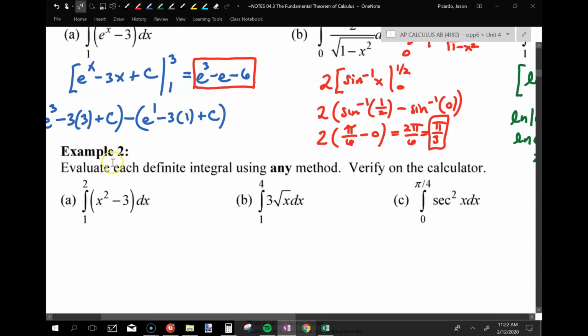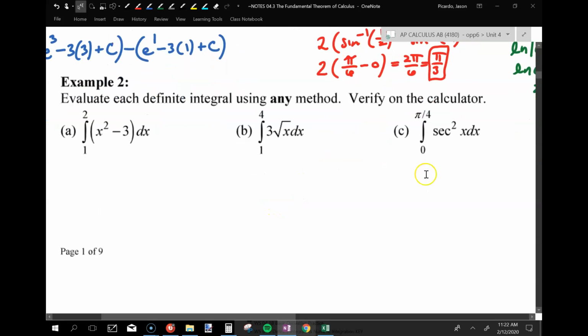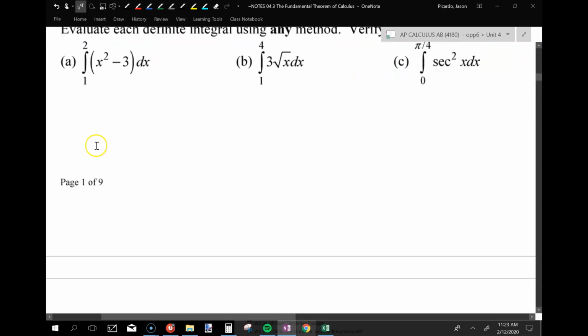All right, now these ones say evaluate using any method, right? So we can do anything we want. I'm going to talk about some special ways that we might do a couple of these problems. Would you be thinking special case here? Or would you just be thinking, let's just take an antiderivative and go at it?